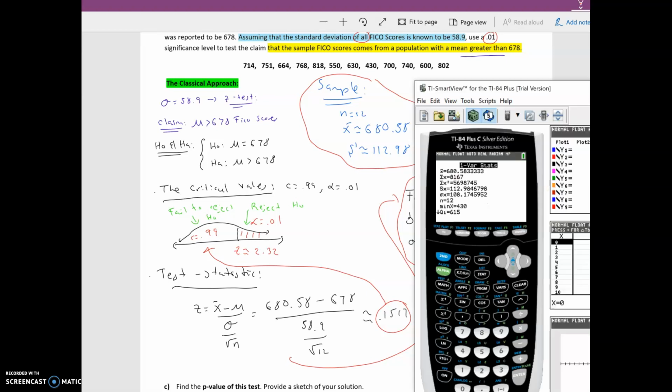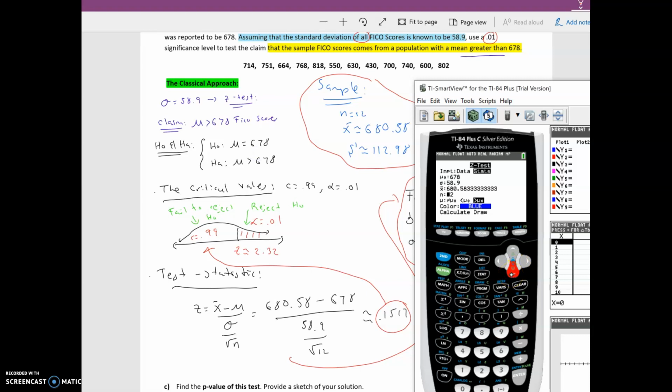Now, let me show you how to run this with a calculator. Since you already have everything as a list, go to stats, then go to test, do a z-test, and make sure that you have all the information: 678 for the sample mean, the standard deviation is 58.9, and then the mean is there.